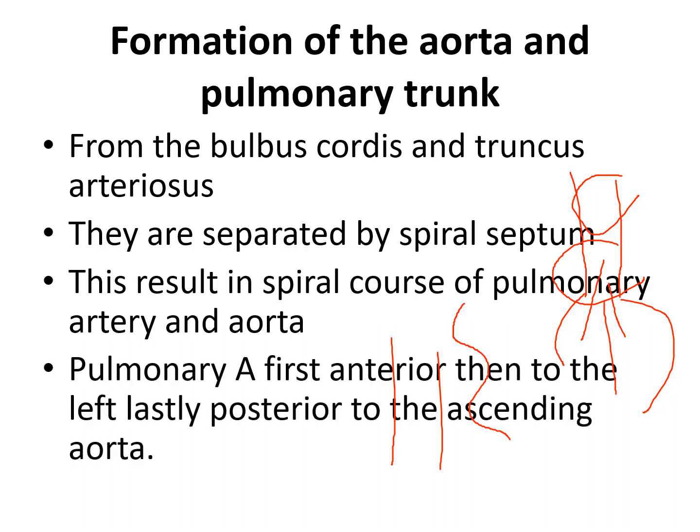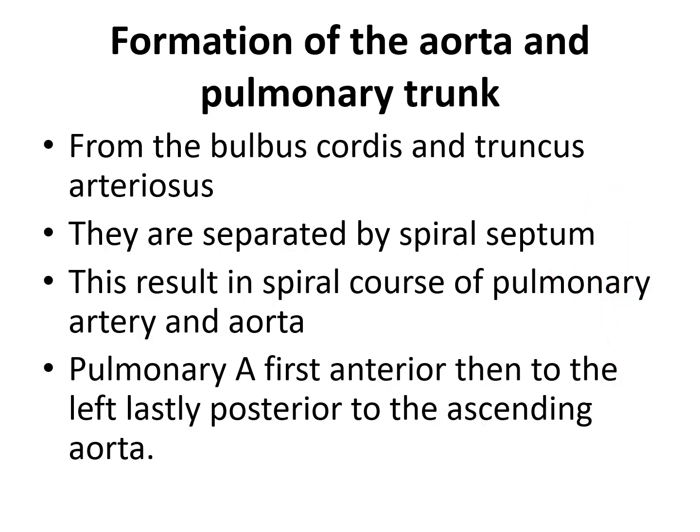Okay, let me erase this and make another drawing here, if it is clear for you to explain this. At first here, the septum, the pulmonary artery will first be anterior, and the aorta, and then to the left side.